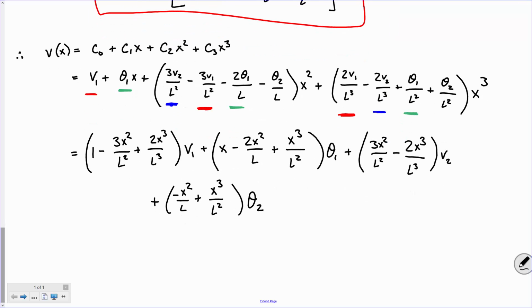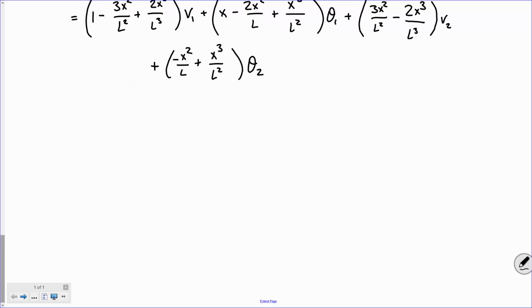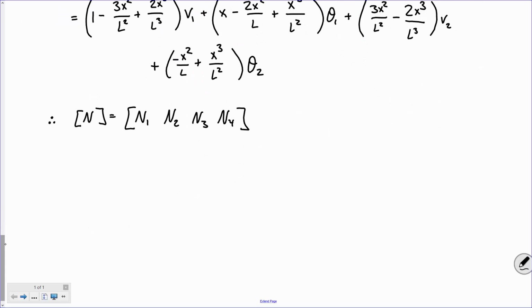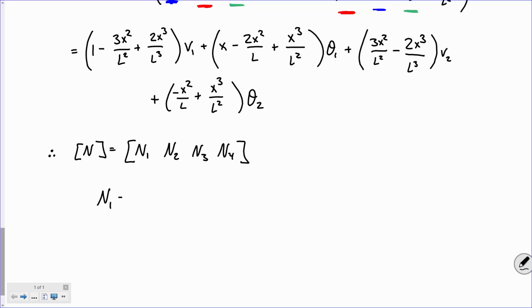I'm going to extend this a little bit if that's all right. So I propose to you that my N matrix is going to be N1, N2, N3, N4, and we have that N1 is 1 minus 3x squared over L squared plus 2x cubed over L cubed.